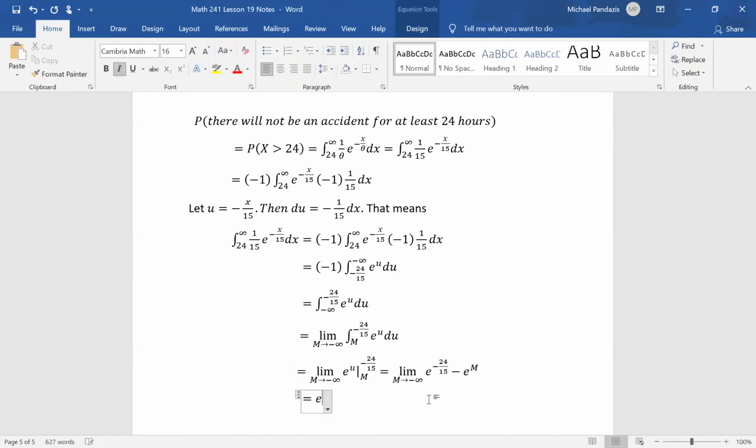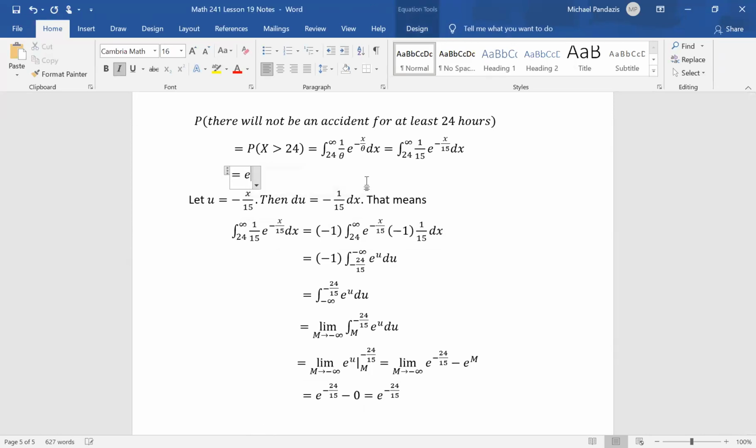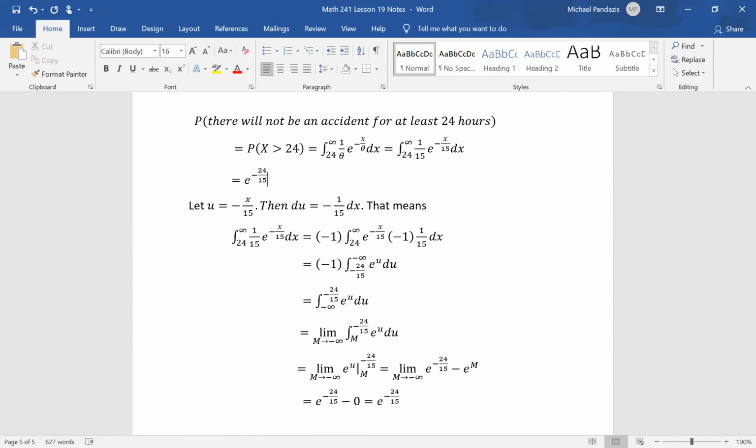So you just get e to the negative 24 over 15 minus 0, and that's equal to e to the negative 24 over 15. So that definite integral is equal to e to the negative 24 over 15.